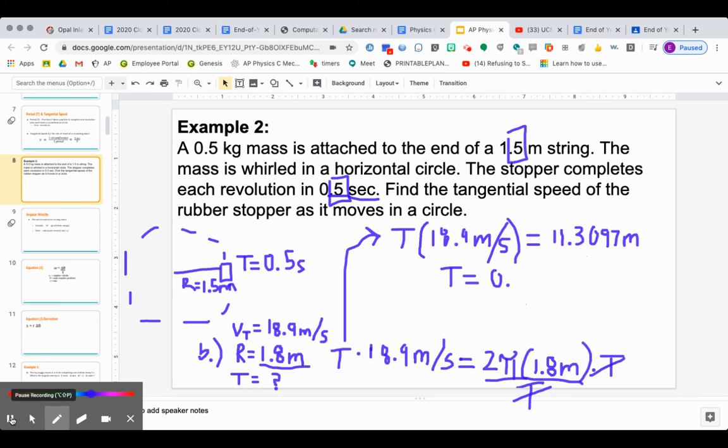We got 0.5983 seconds, which we're going to again round to the first decimal place, giving us 0.6 seconds as the new period when our radius is increased. So what that means is, if the speed is constant, when the radius increases, the period must also increase by a proportional amount.